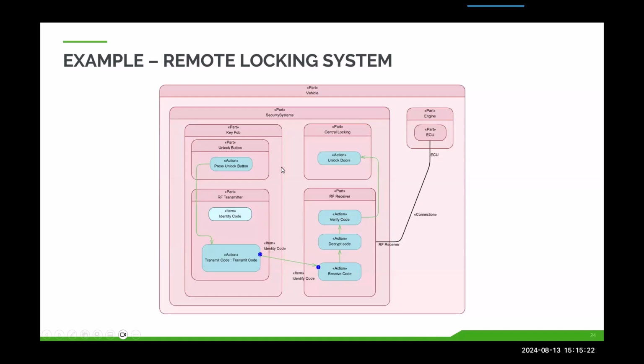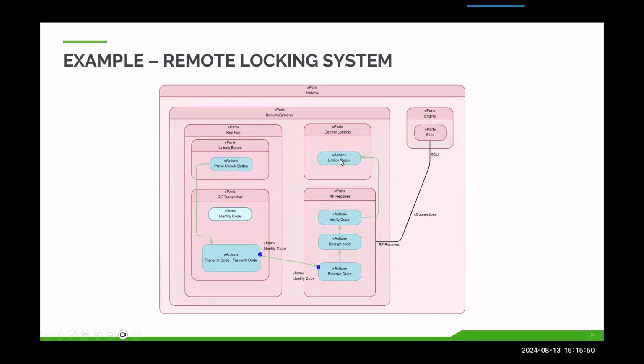The sequence of action starts with pressing a button. This will then transmit a unique identity code from the fob, using a succession in this case, passing it to an action to receive the code and process. It's typically encrypted, so we'll decrypt and verify. Once we pass, we probably want a logic gate here for if we failed the verification.